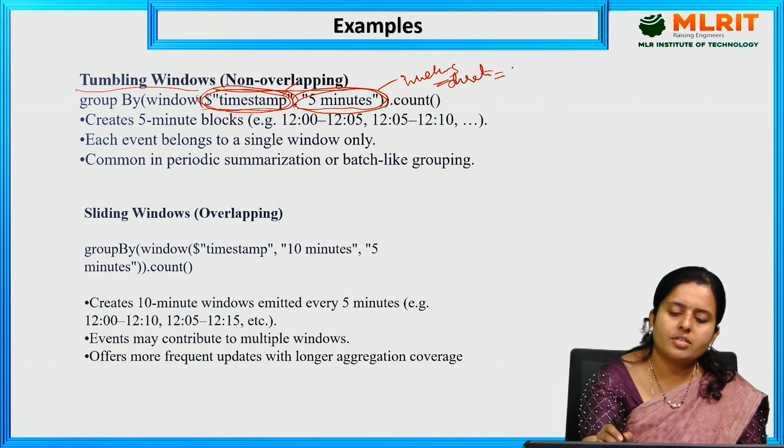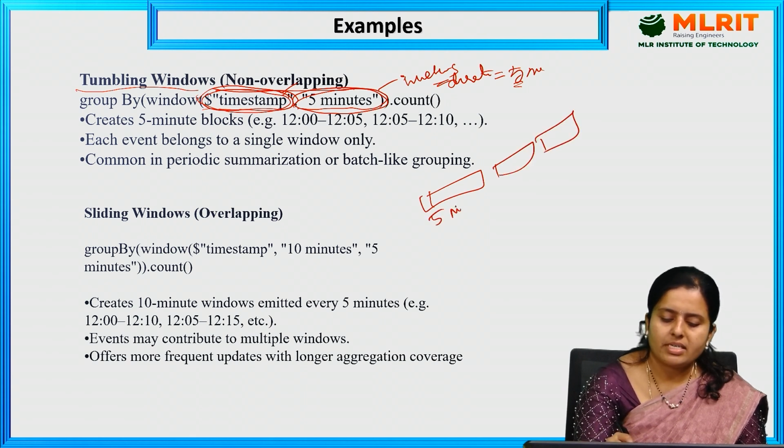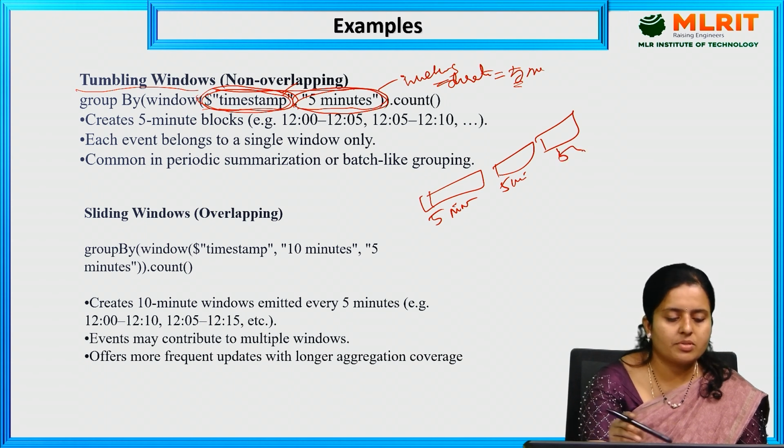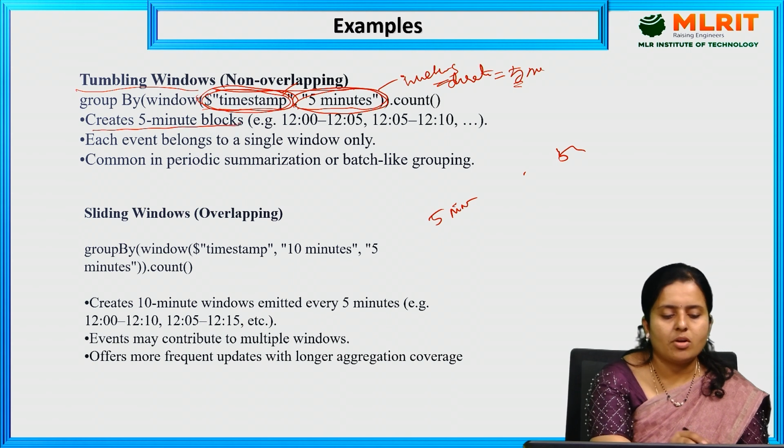Here my window duration is 5 minutes in a tumbling window: the next 5 minutes, and the next 5 minutes. So you can observe that for every 5 minutes, blocks are going to be created.